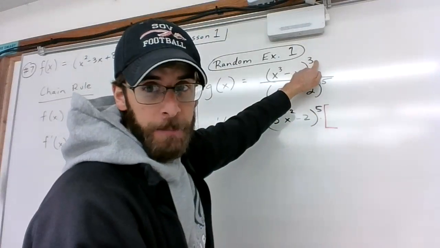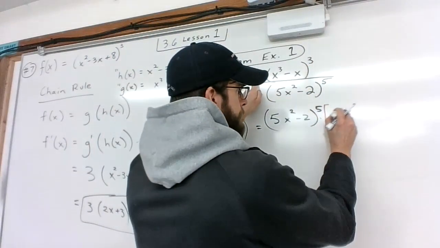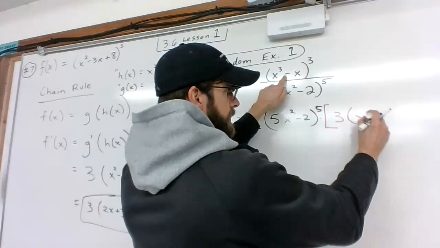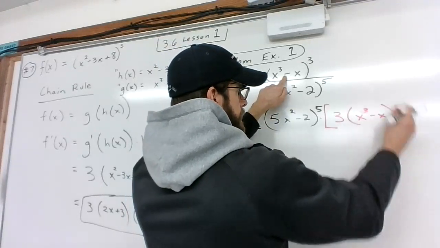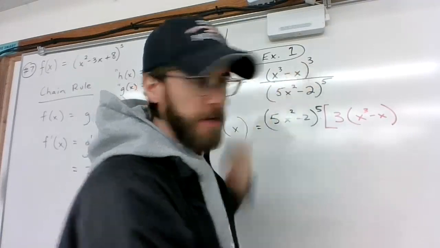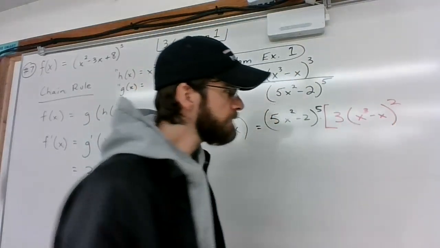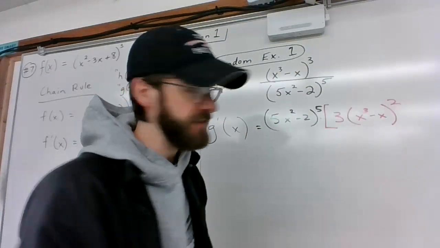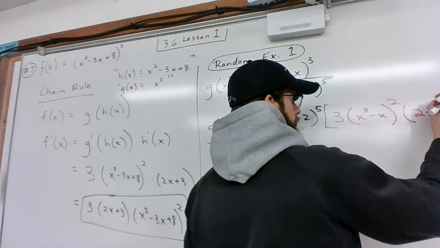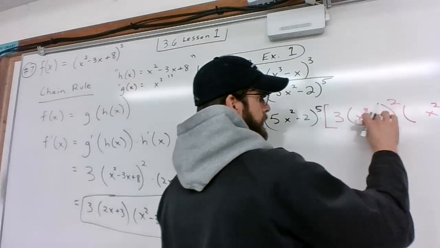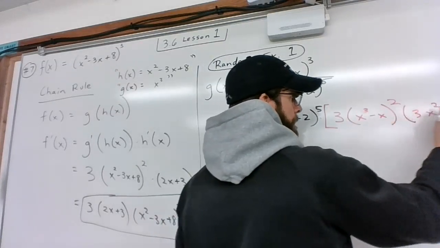The derivative of the top will be bring the 3 down, rewrite, and then take 1 away from the 3. And don't forget to take the derivative of the inside, (3x squared minus 1).